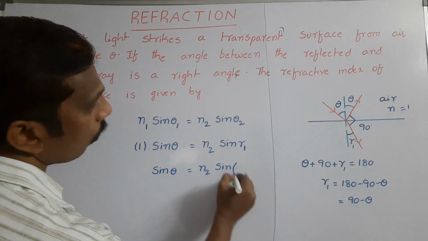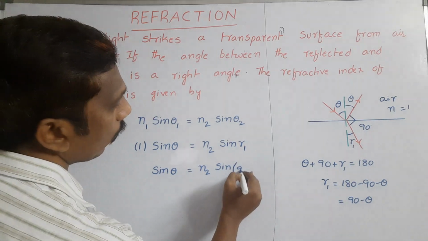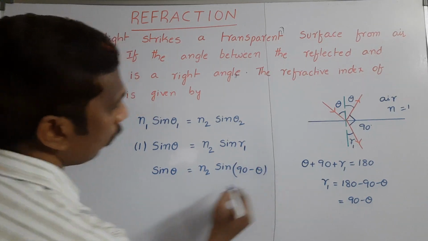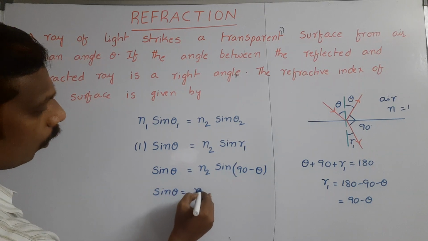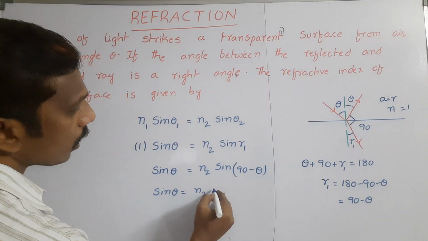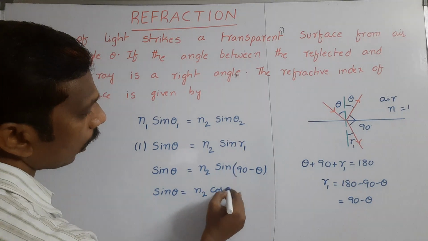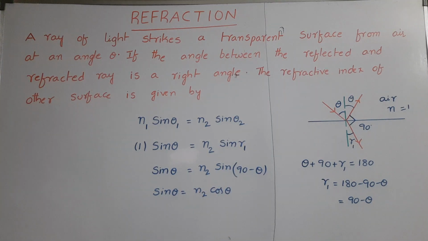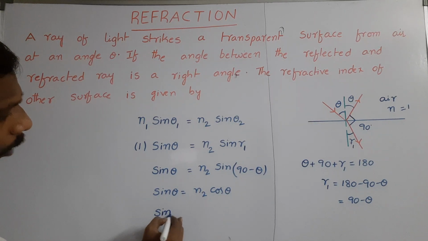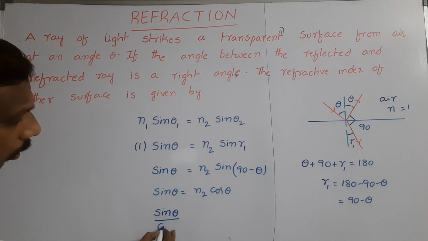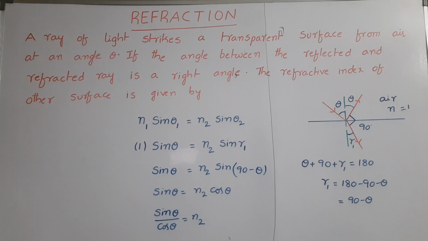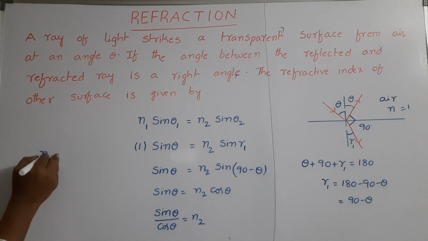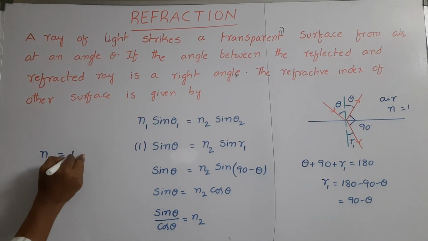We know r1 is equal to 90 minus theta. So sine theta is equal to n2 into sine of 90 minus theta, which is cos theta. Taking cos theta to this side, sine theta by cos theta is equal to n2. Finally, the refractive index of the other medium, n2, is equal to tan theta.